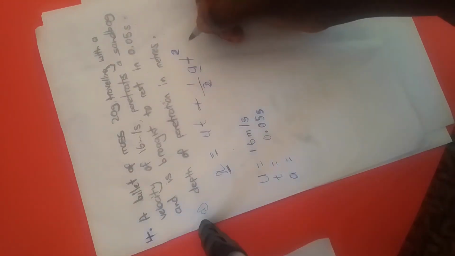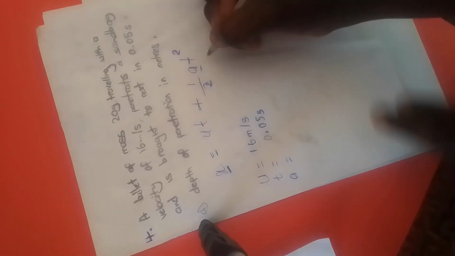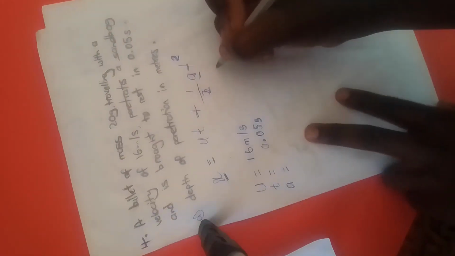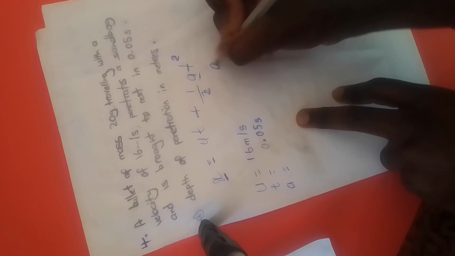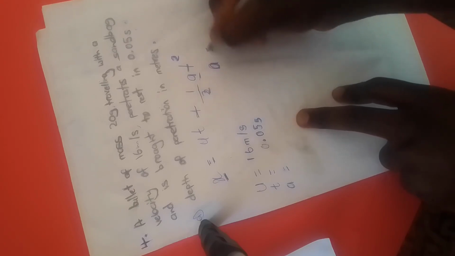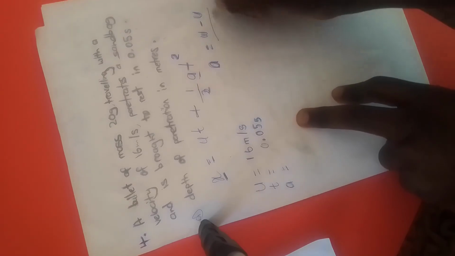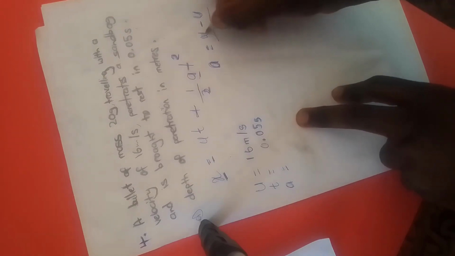Okay, so we want to calculate a now because we don't have a. So according to the first equation, a is equal to v minus u over t, of which what is v? The final velocity. What is u? The initial velocity.